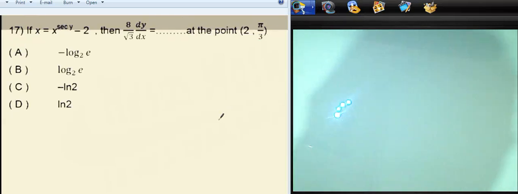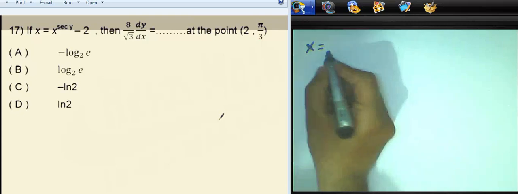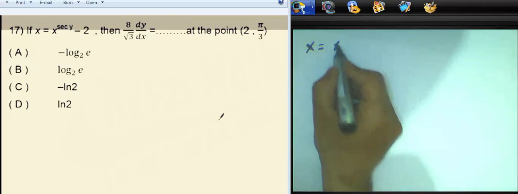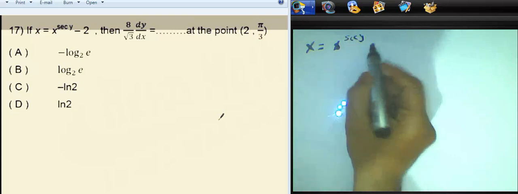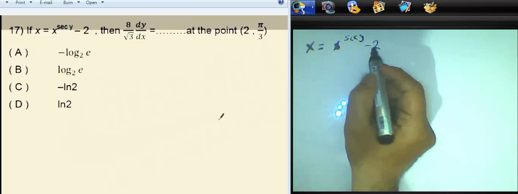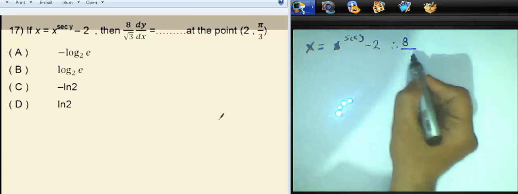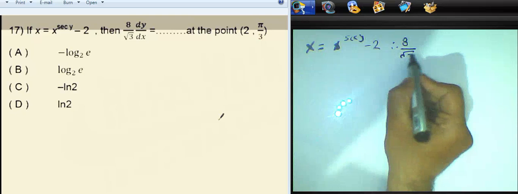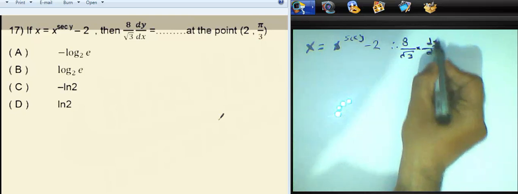Question 17: if x equals x^(sec y) minus 2, then you want to find 8 over root 3 multiplied by dy over dx.